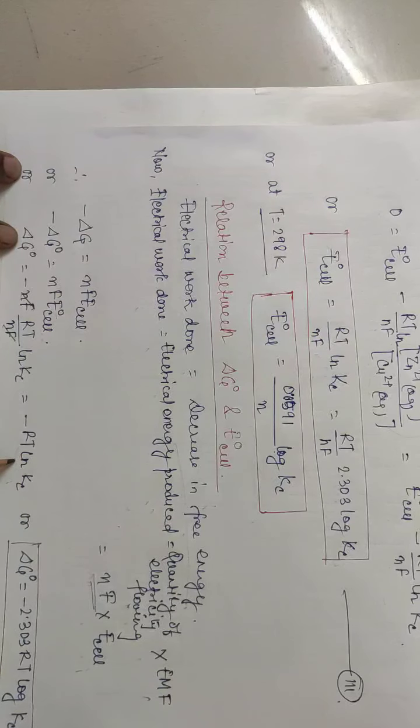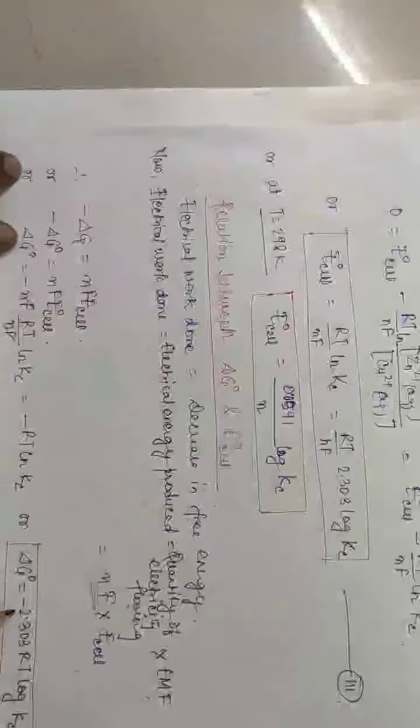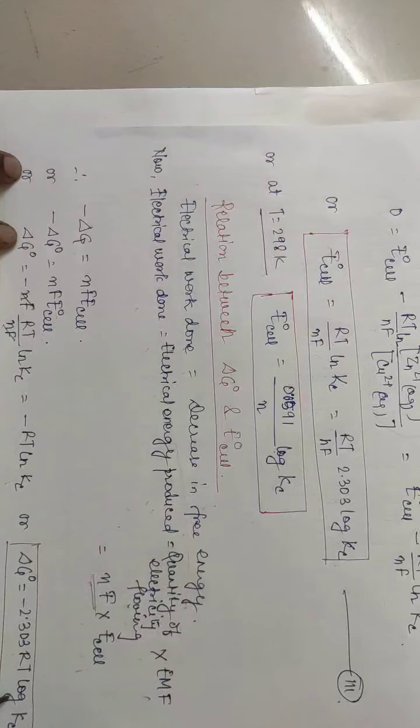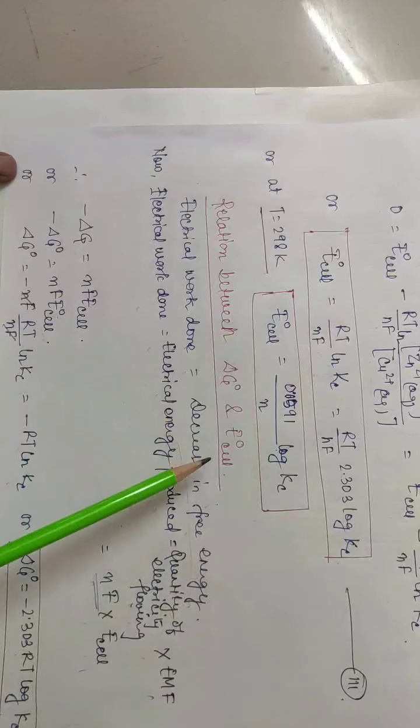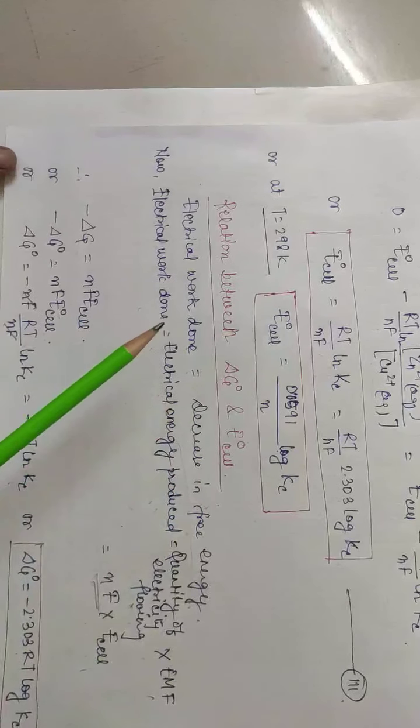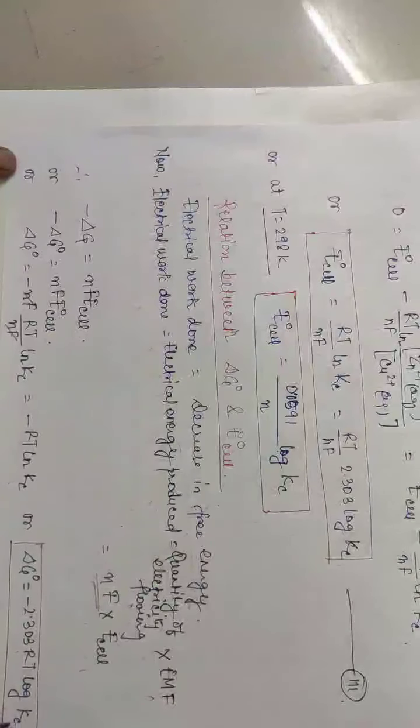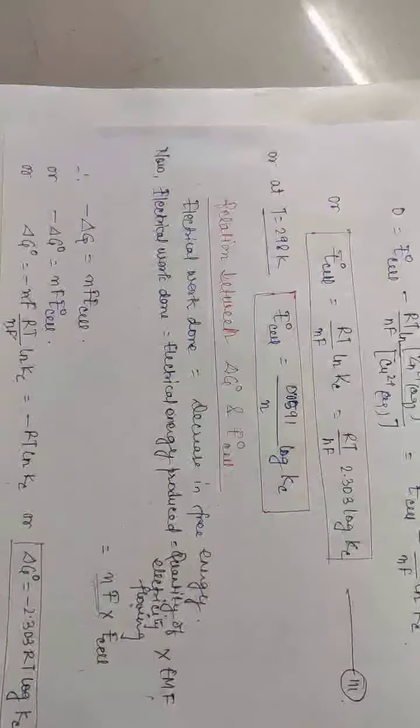Changing ln to log base 10, we get delta G naught equal to minus 2.303 RT log Kc. This is the relation between delta G naught, the free energy, and E naught cell. You can also find the equilibrium constant from the value of delta G naught.